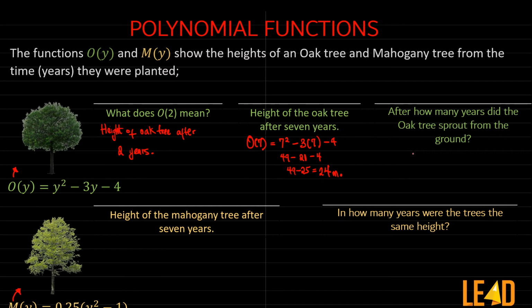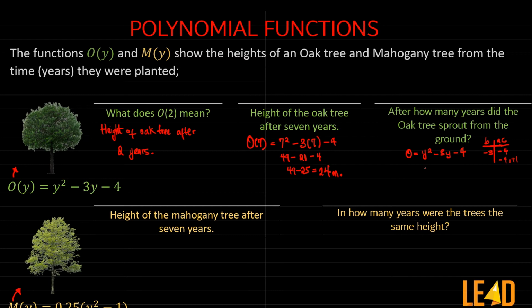What would y be? That would be 0 is equal to y squared minus 3y minus 4. We can solve this using factorization. Let me do my b squared minus 4ac. My ac is minus 4, my b is negative 3. So two numbers that will multiply to give that, but add to give that would be minus 4 and plus 1, right?